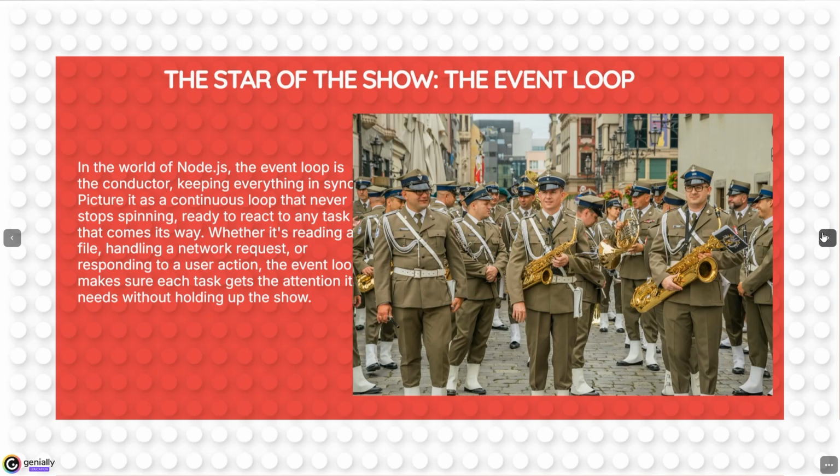Picture it as a continuous loop that never stops spinning, ready to react to any task that comes its way. Whether it is reading a file, handling a network request, or responding to a user action, the event loop makes sure each task gets the attention it needs without holding up the show.